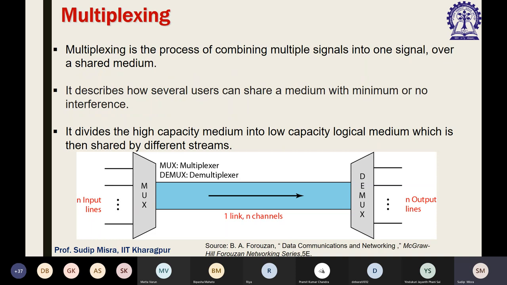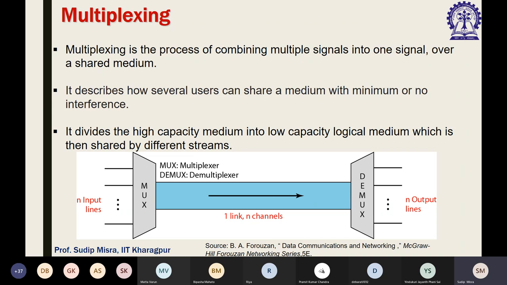So first, let us try to understand the concept of multiplexing. This term multiplexing you might have come across in some other computer science courses also. However, in computer networks, we are going to discuss multiplexing in a little different way. Once again, multiplexing is about combining multiple signals into one signal.